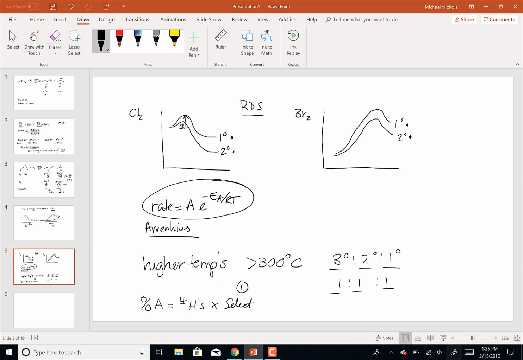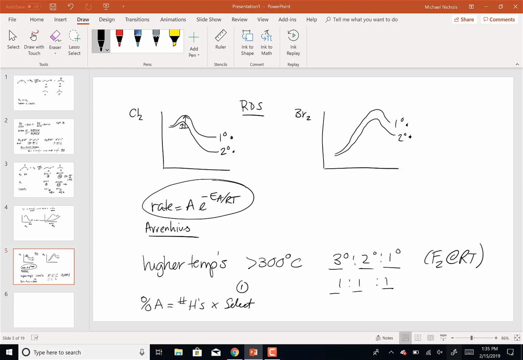Now you might say, well, okay, this is chlorine and bromine. What about iodine? Iodine is too unreactive, so we don't use it. Fluorine. Fluorine would be here. F2 at room temperature would be 1-to-1-to-1.